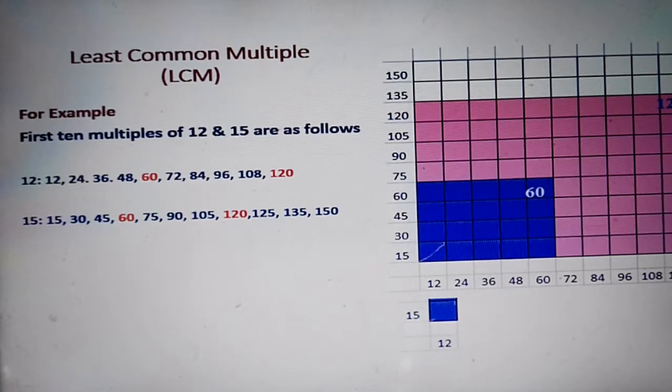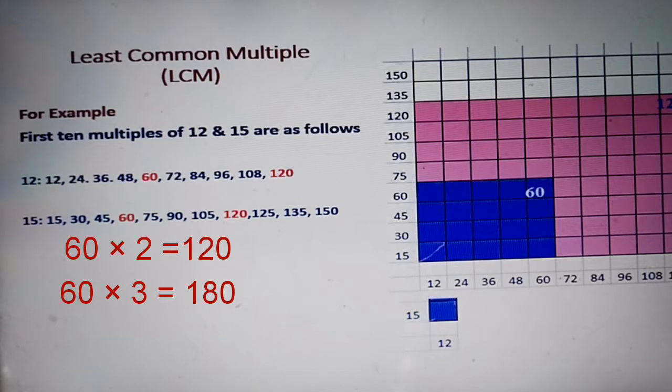And after the same interval, after the same number of multiples, we have 120. That is the common multiple of 12 and 15 again. Basically this is also a multiple of 60. It means the third common multiple will be 180. That is also a multiple of 60.